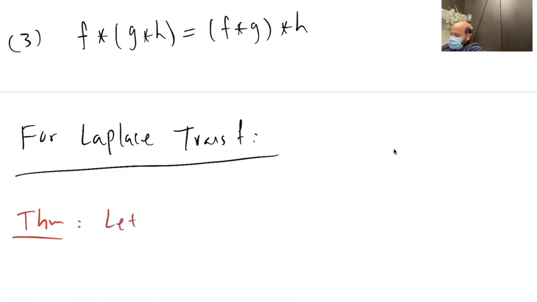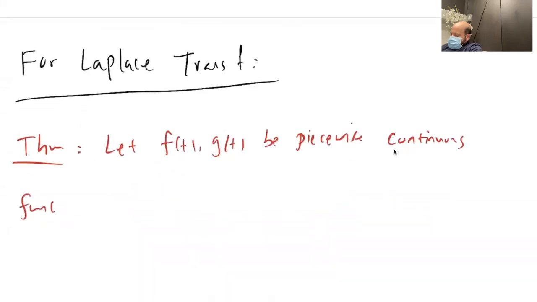Let f of t and g of t be piecewise continuous functions which are of exponential order.